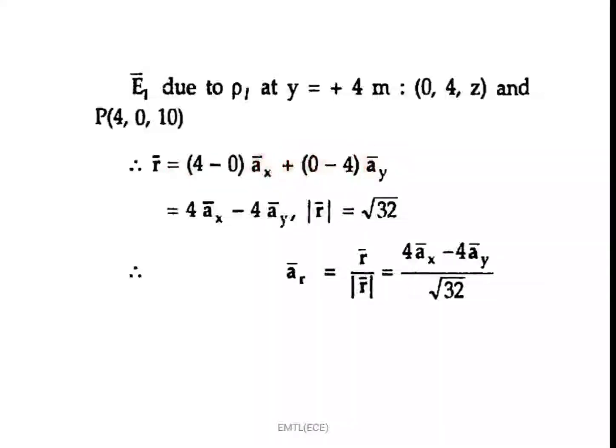So this is the position vector R between y and P, and its magnitude is equal to square root 32, and the direction vector aR bar is equal to R bar by mod of R bar, that is (4 ax bar minus 4 ay bar) by root 32.